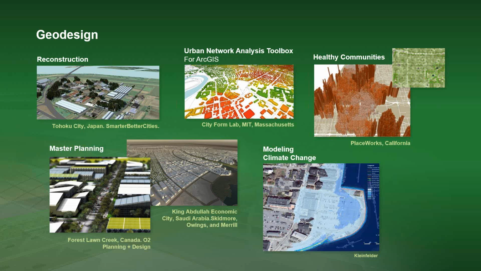And again, identifying issues that you want to design to, the constraints and opportunities, and then do alternative designs and plan. And then the far right there, modeling climate change. Kleinfelder is doing a great job of using CityEngine to look at inundation of sea level rise and what might that threaten and what should we modify in the environment to protect it. And all of that can be done in CityEngine.